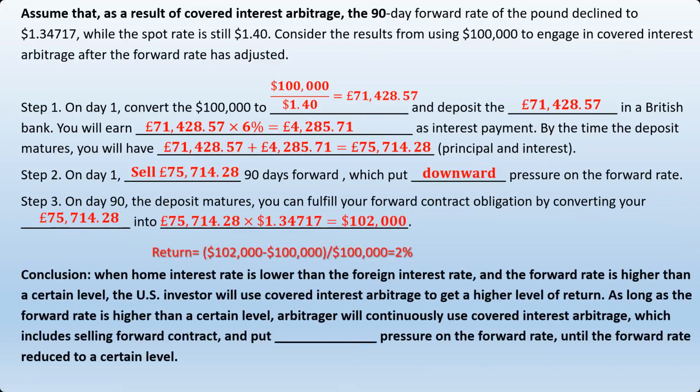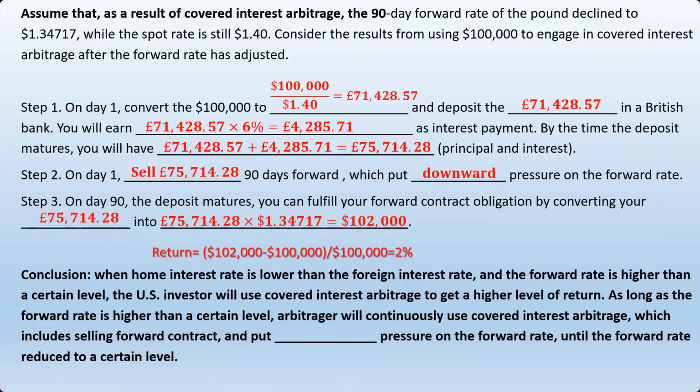Okay, so this status is an equilibrium status, and we give it a name called the interest rate parity. Why is it the interest rate parity? It is because the forward rate 1.34717 is set properly, and we cannot capitalize on the higher interest rate in another country by using covered interest arbitrage.